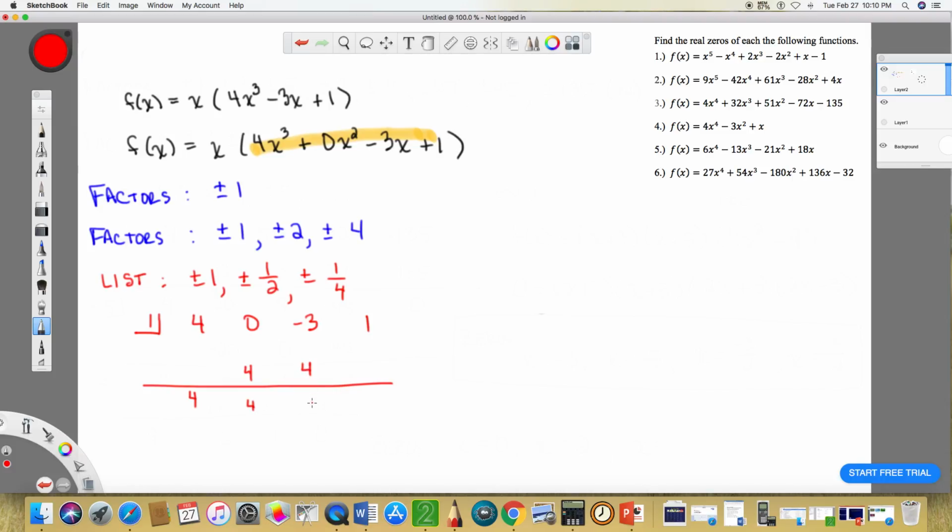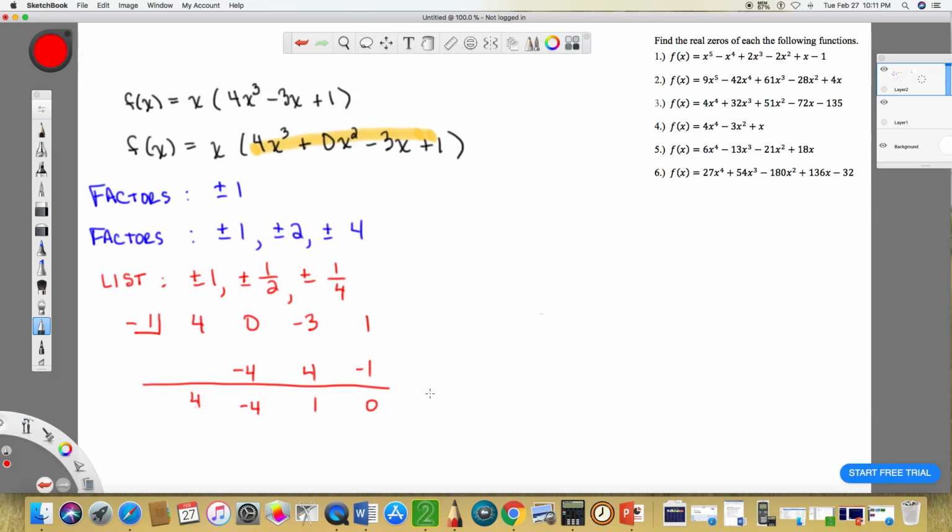So, and 1's not a 0. So let's try negative 1. And this time we have found a 0.